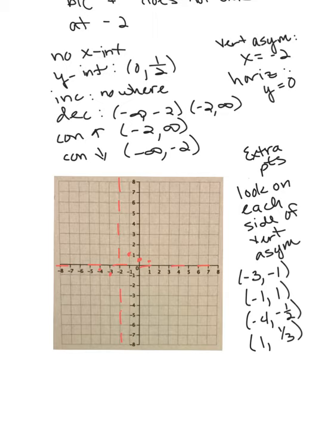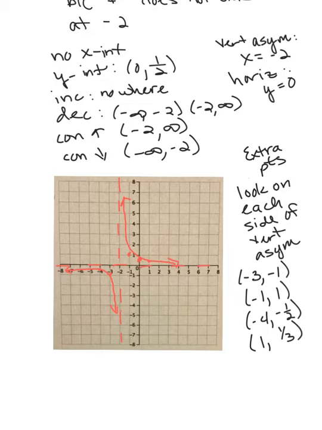So what I see now is that this is kind of a curved shape, and they have to stay within the asymptotes. So on the left side of the vertical asymptote, we've got this kind of a shape. And on the right side of the vertical asymptote, we've got that shape.